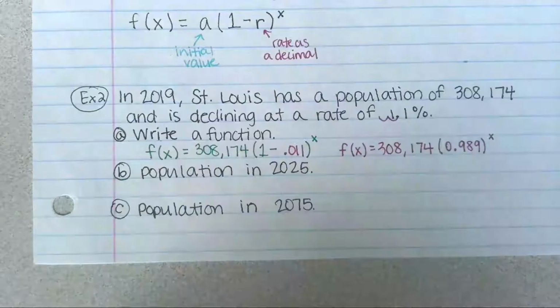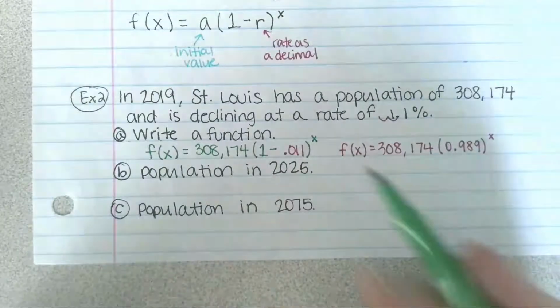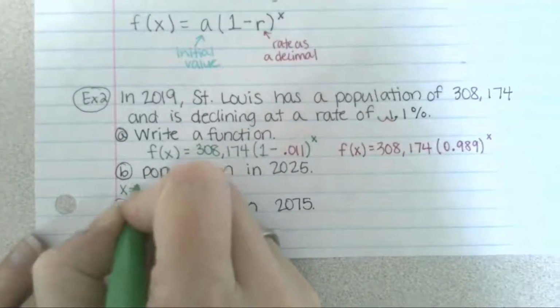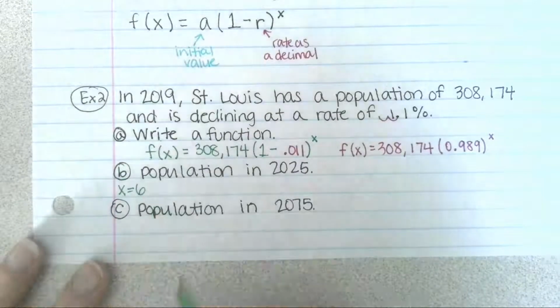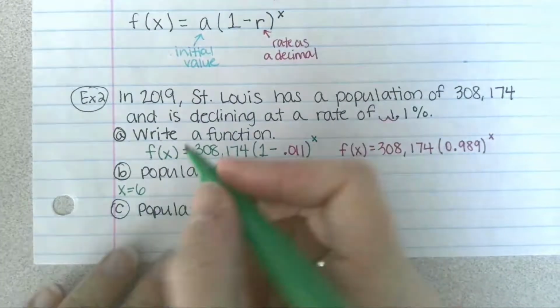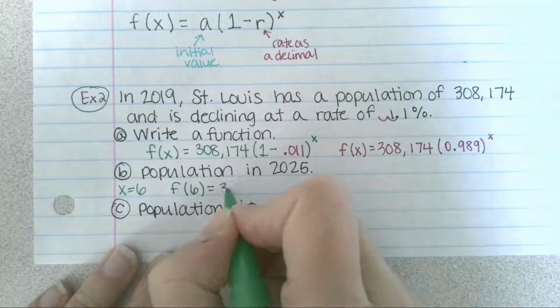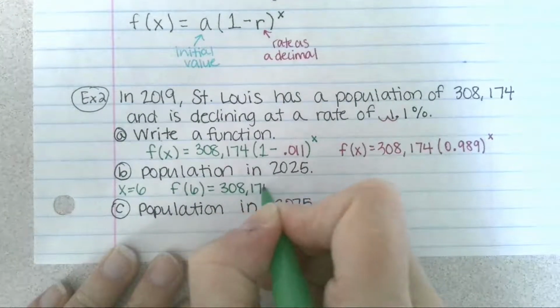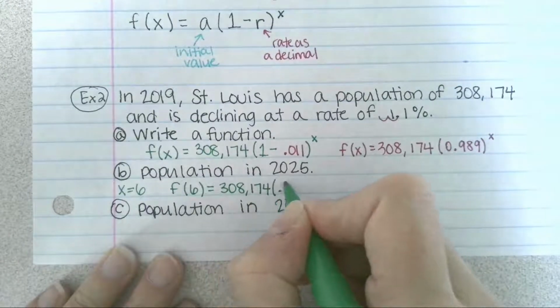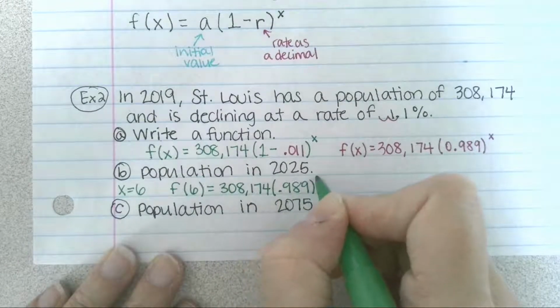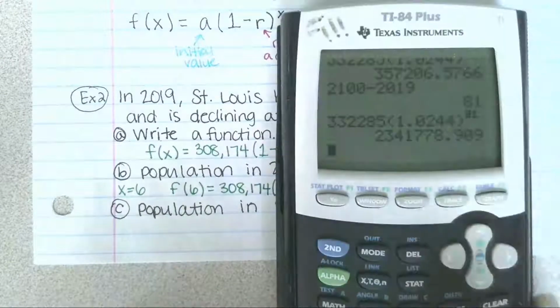All right, let's talk about the population in 2025. 2025 has been 6 years since 2019, so we're going to use 6 for x. So f of 6 equals 308,174 times 0.989 to the 6th power. Put that in the calculator.